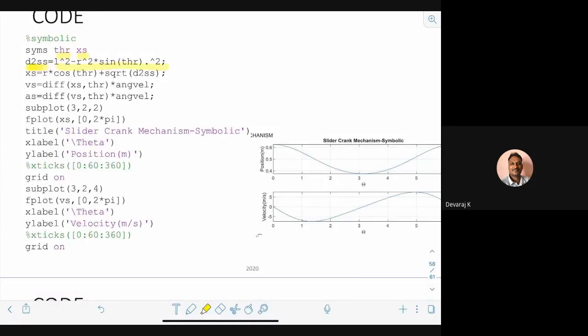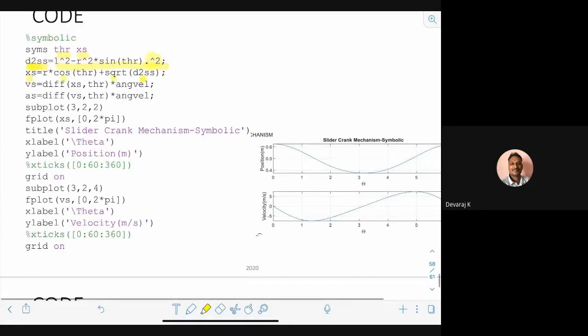Now xs is r cos theta plus the square root of d2s, which is known to you. Remember, I already took the square root here. So xs is known to you. What you simply need to do is differentiate this xs. If I want vs, it is dxs with respect to dt.